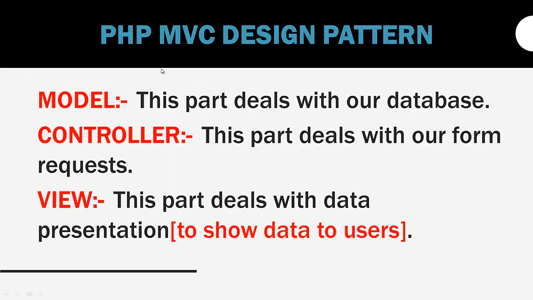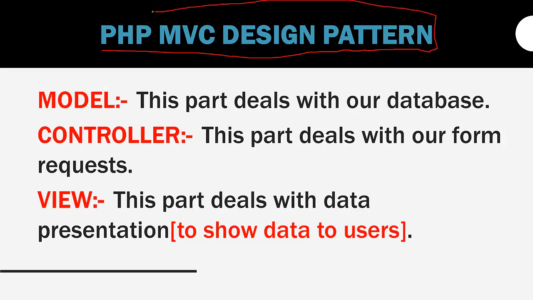Now let's move toward our PHP MVC design pattern. Here I will tell you what MVC is, and what the role of model, controller and view is. Here the model is that part, that file, which just deals with our database.